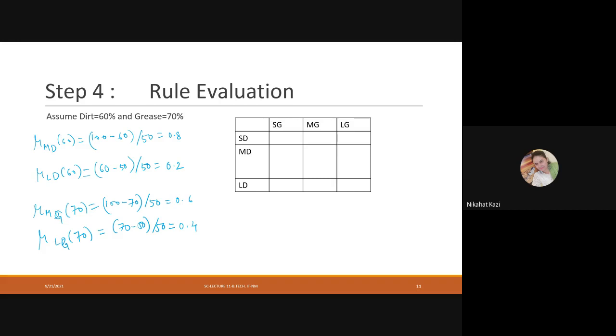Now what do we do with these values? What we do is we look at that region in the fuzzy rule base where these combinations, these rules, actually hold. So we have medium dirt, large dirt, medium grease and large grease. That means we are not going to look at all of these cells.